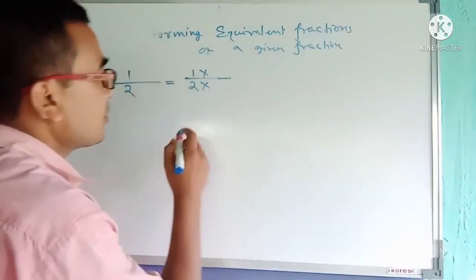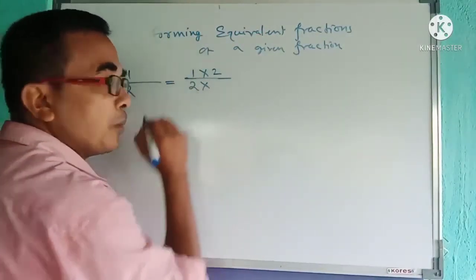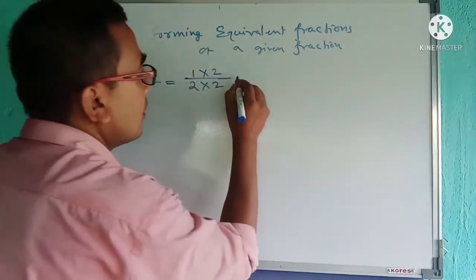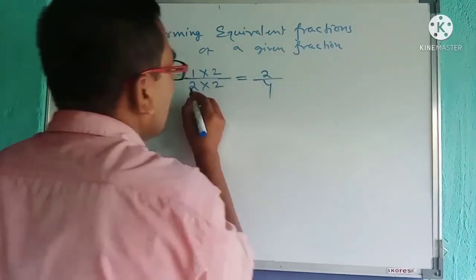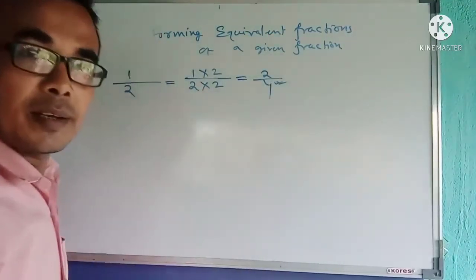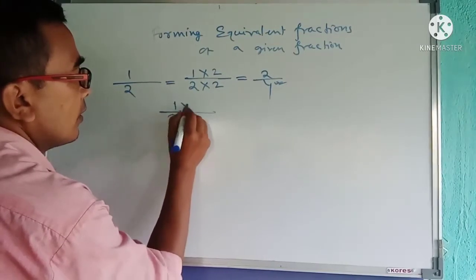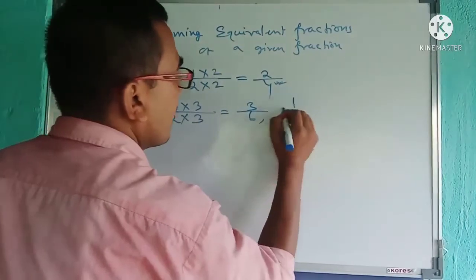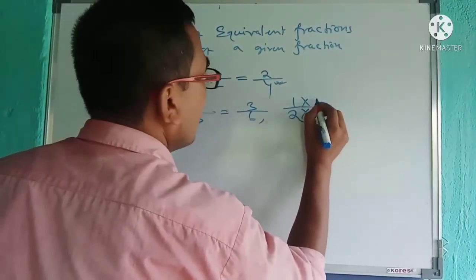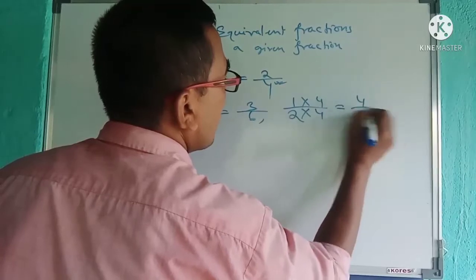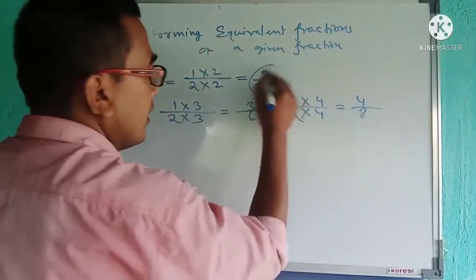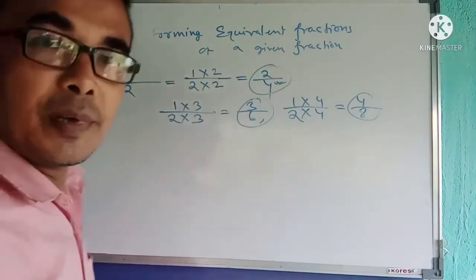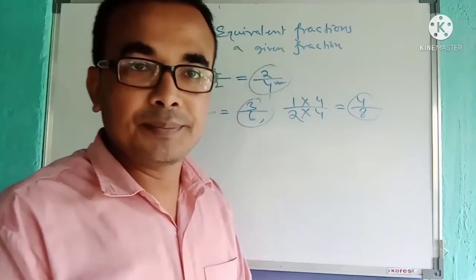So if you multiply by 2 at the numerator, you have to multiply by 2 at the denominator also. The result becomes 2 out of 4. We got one equivalent. Now one more, this time multiply by 3, 3 by 6. This way countless equivalent fractions of the given fraction we can form. These 3 fractions are equivalent to each other. That means they represent the same part of a whole.